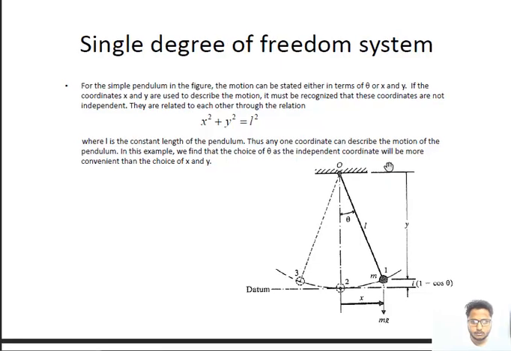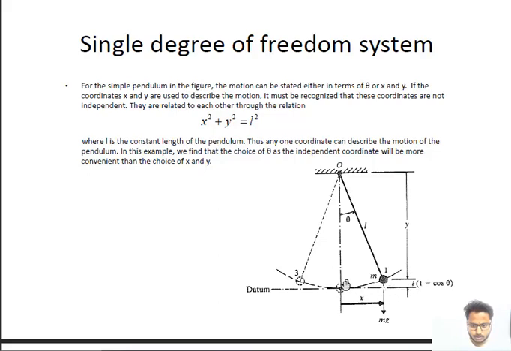If we take the origin O here, the x displacement of this mass is in the horizontal direction, and the y displacement is the vertical displacement.